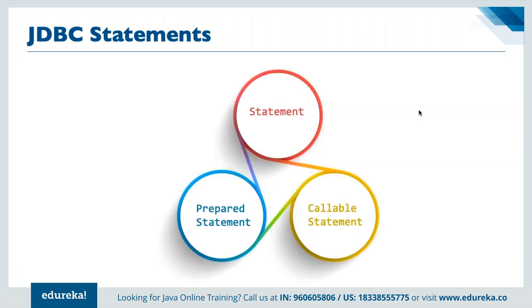That's why in JDBC we have statements, prepared statements, and callable statements as part of JDBC. So now let's go back to our IDE so that we can see for ourselves how to execute these different statements. Let's open up our IntelliJ to get started.